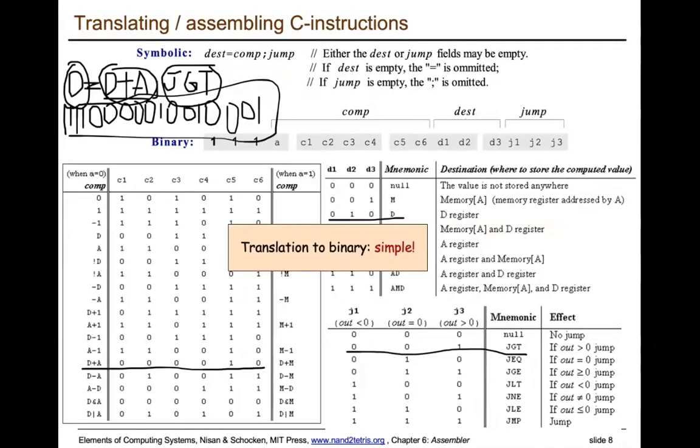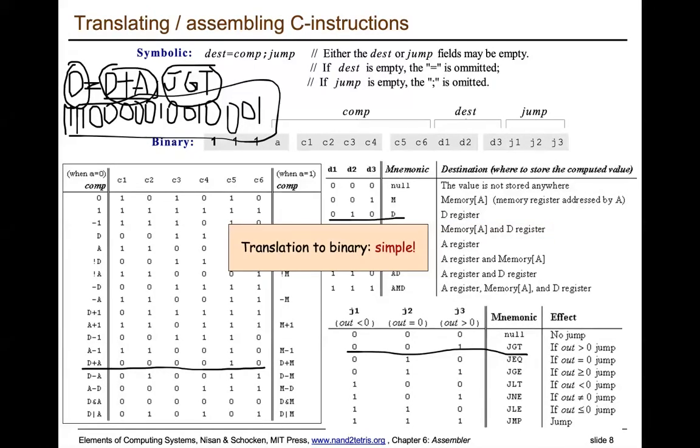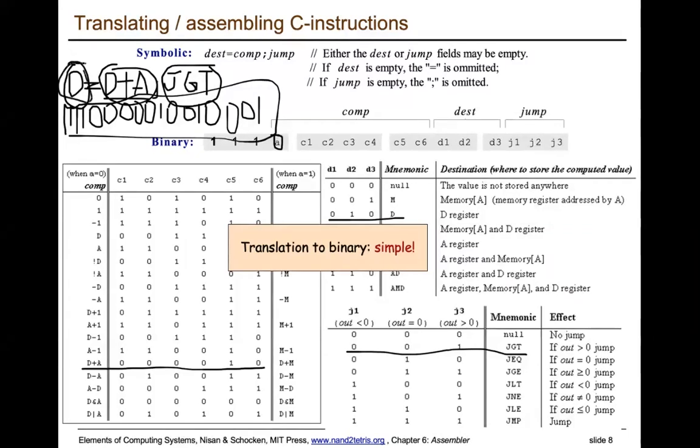If I look at this one, I have a table in my assembler. So if I see D plus A, I compare it against each entry. If it's the same, then I will use this one and fill in C1 to C6 as well as A here. And then the second part is my destination.